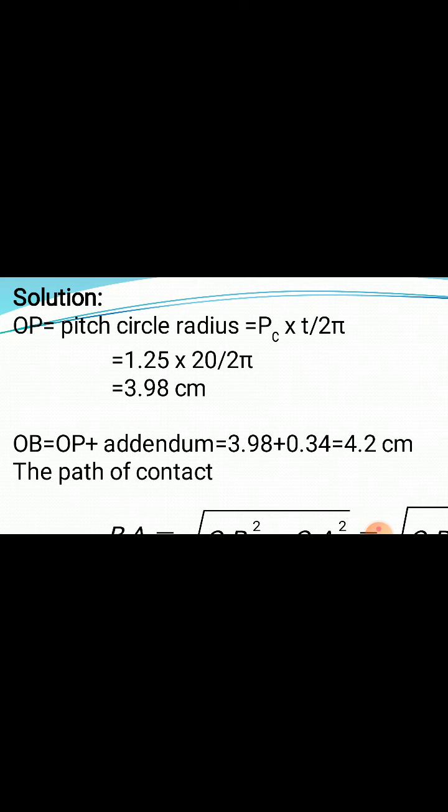T value is known to you, so this equation becomes Pc into T divided by 2 pi. Put the values: circular pitch is given as 1.25 centimeter, teeth are given as 20, divided by 2 pi. So this pitch circle radius we calculate as 3.98.